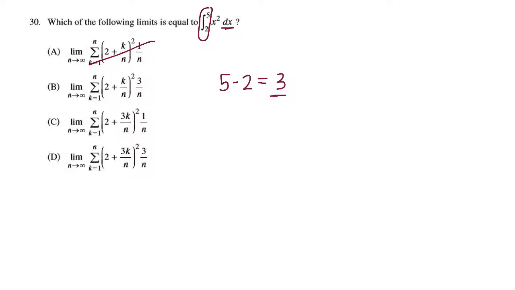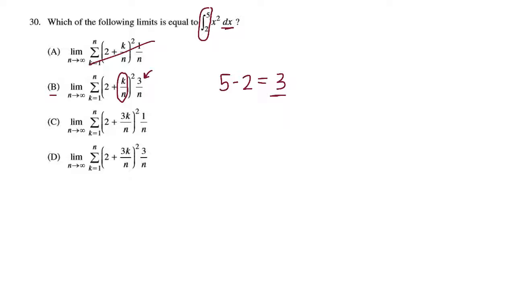So that's going to eliminate A, and it's going to almost eliminate B. Now we don't have a 3 on the inside, we do on the outside, and so we have to be careful with that. We really need that 3 to show up in both places, so inside and outside.